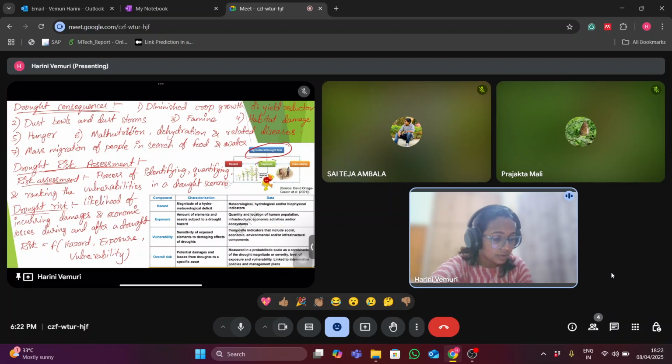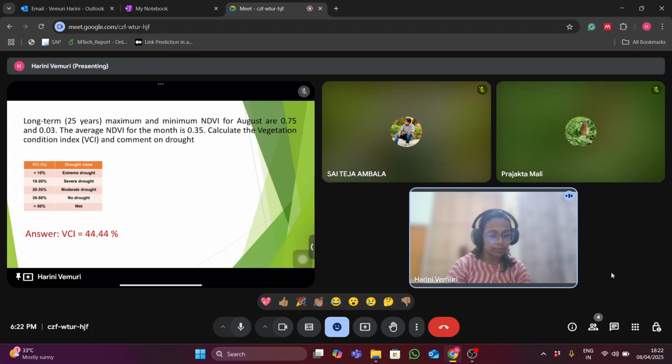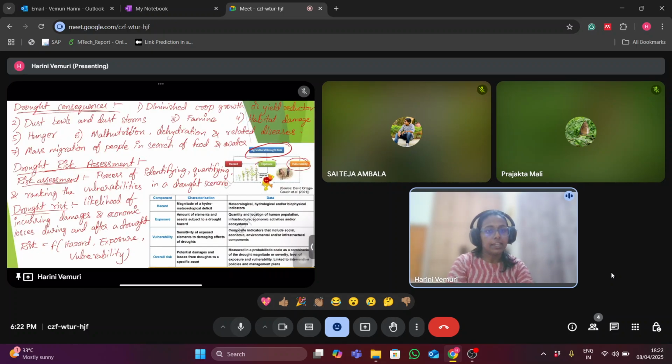So exposure also we will look into, and who are the vulnerable, who are getting affected because of this. All these are important when we are trying to estimate the risk factor. Each term, hazard, exposure, vulnerability, overall risk, has a definition, characteristics, and what kind of data you need is also given in this table.